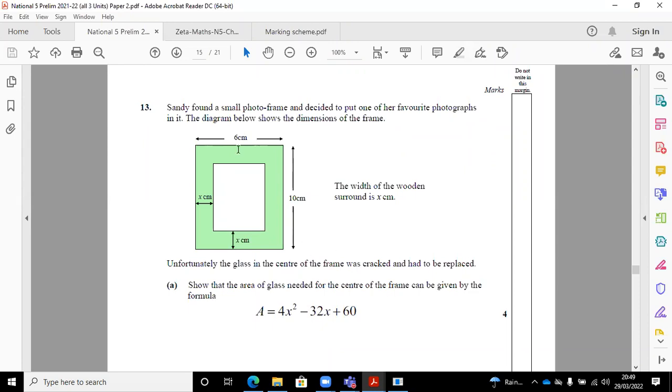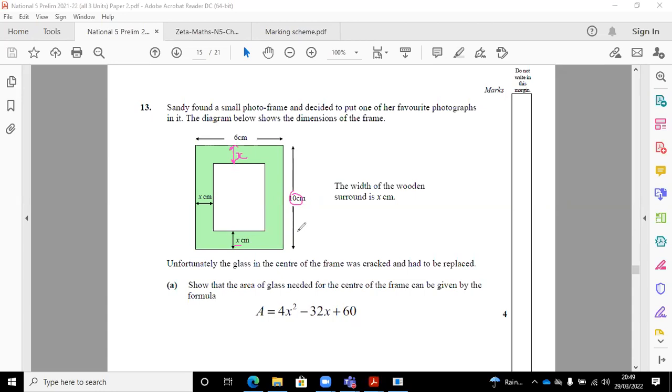Now, length and breadth, it doesn't really matter which one you're starting with. But the total length of that outside rectangle is 10 centimetres. The inside length is 10 centimetres, but we're taking away one x and another x, because the thickness all the way around is x.